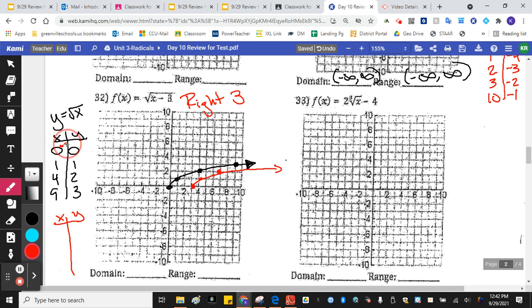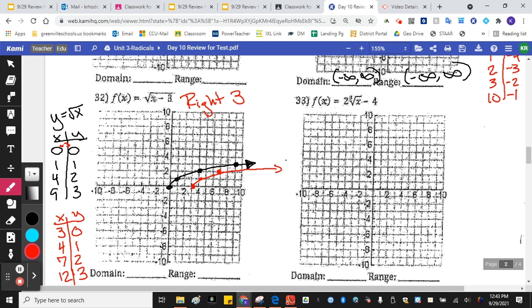I'm adding 3 to all my x values: 3, 4, 7, 12. And then once you get your x values, you can just plug them in. 4 minus 3 is 1, square root of 1 is 1. 7 minus 3 is 4, square root of 4 is 2. But they should stay the same.